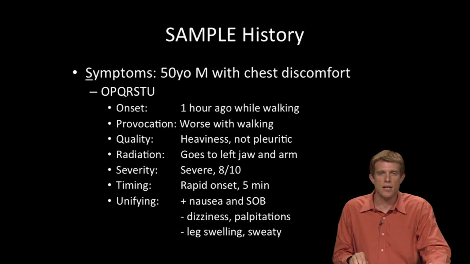It does radiate or go to his left arm and jaw, and it's quite severe at 8 out of 10 on our pain scale. The onset of pain occurred rapidly over 5 minutes, with it being at its worst within 5 minutes. And the patient also endorses some nausea without vomiting and some shortness of breath. There's no dizziness or leg swelling, and the patient doesn't have any palpitations.